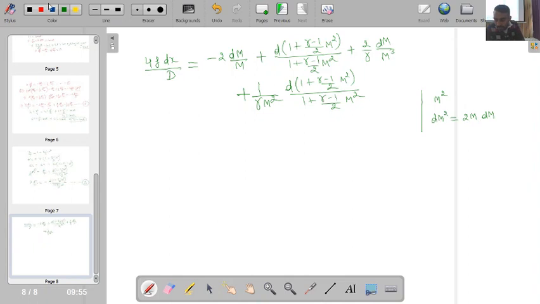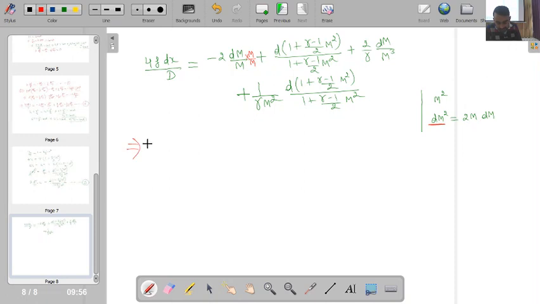So in the first term, I will multiply and divide with M. Then 2M dM I can replace with d M square, and in the denominator I will have M square. I am doing this operation just to facilitate the integration and then finally have an easy expression for the estimation of the effect of friction.